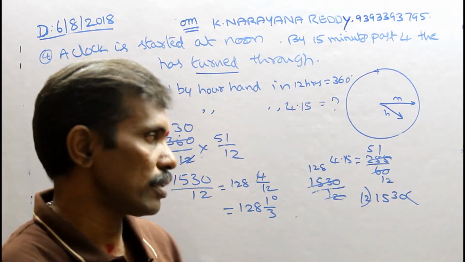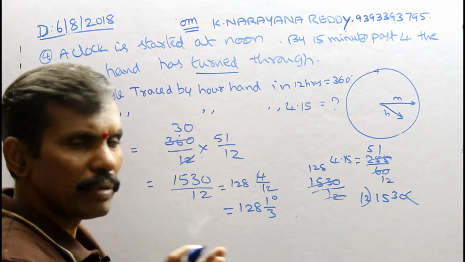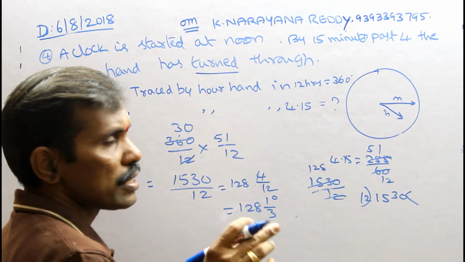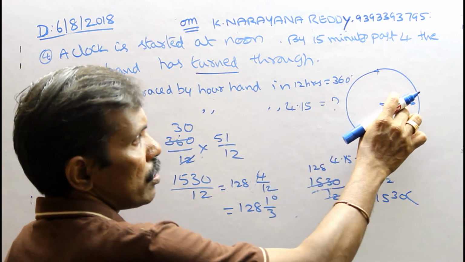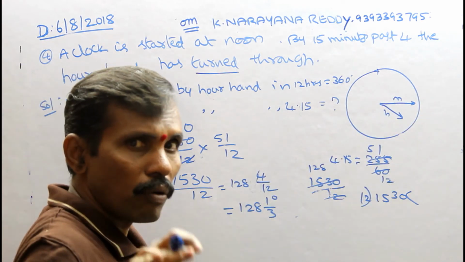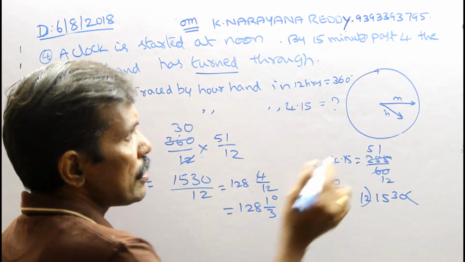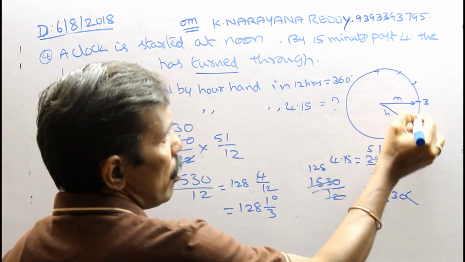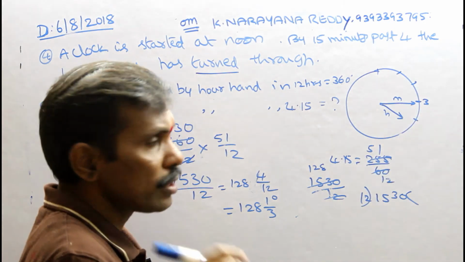That is the answer. So what is the meaning here? 4 hours does not belong to the minute hand; now we are doing the problem on the hour hand. You can see here, this is 3 o'clock, 4 means what?